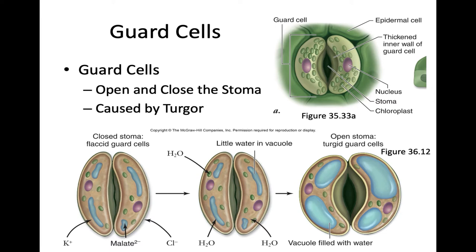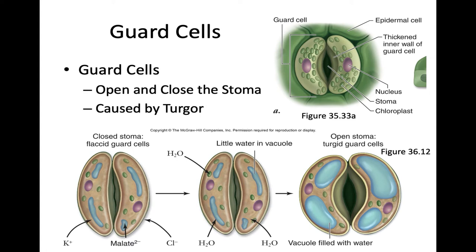Now let's talk a little bit about guard cells before we move on to some other plant structures. The dermal layer is also going to contain the specialized cells which will allow for opening and closing of the stomata of the leaves, and these cells are called the guard cells.